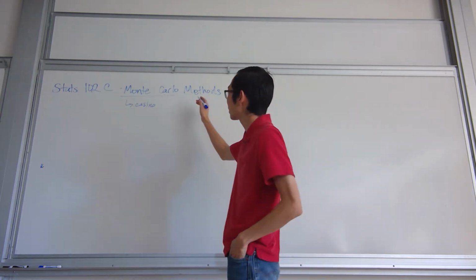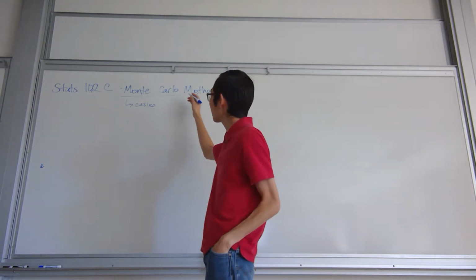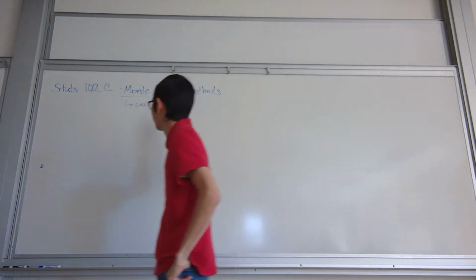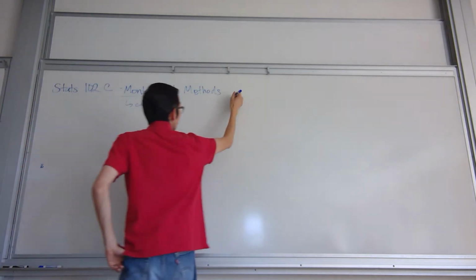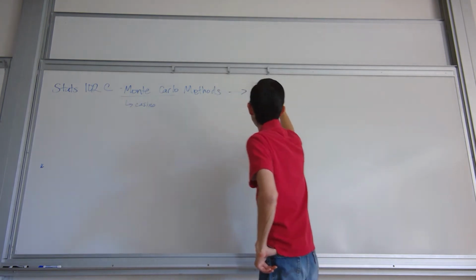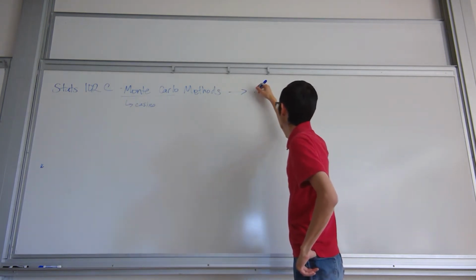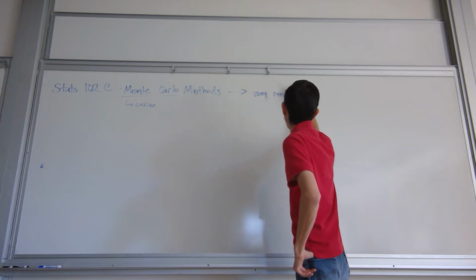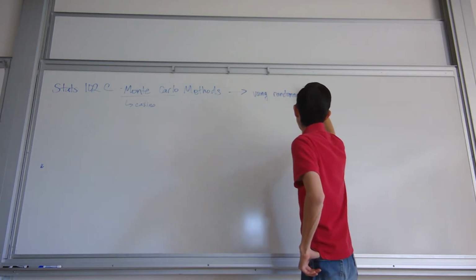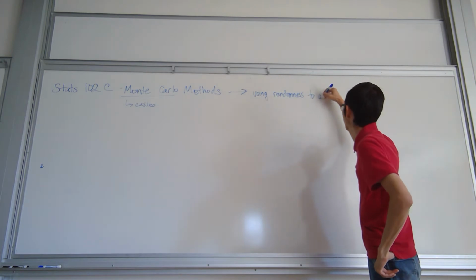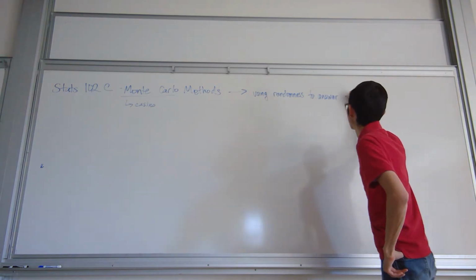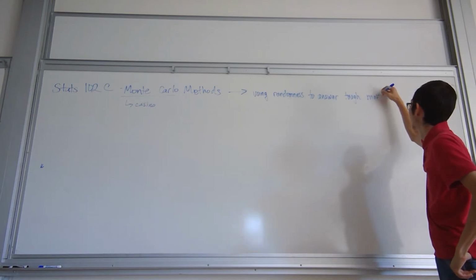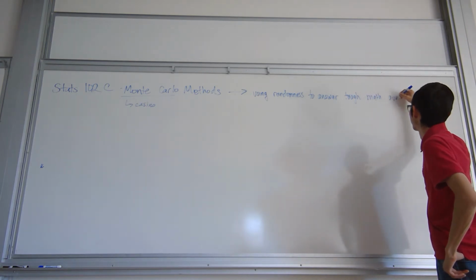Okay, so the Monte Carlo is a casino, and when we talk about Monte Carlo methods, we're basically talking about using randomness to answer tough math questions.